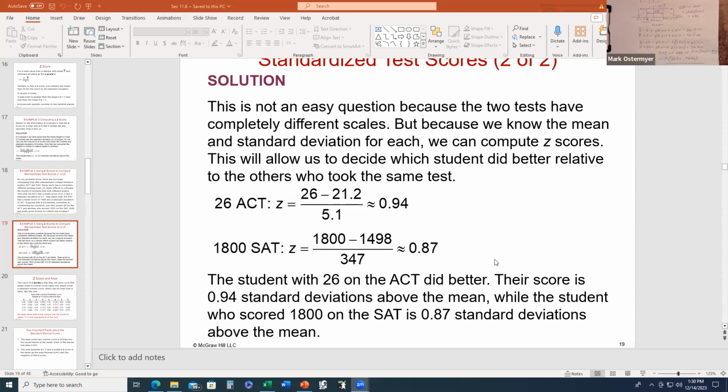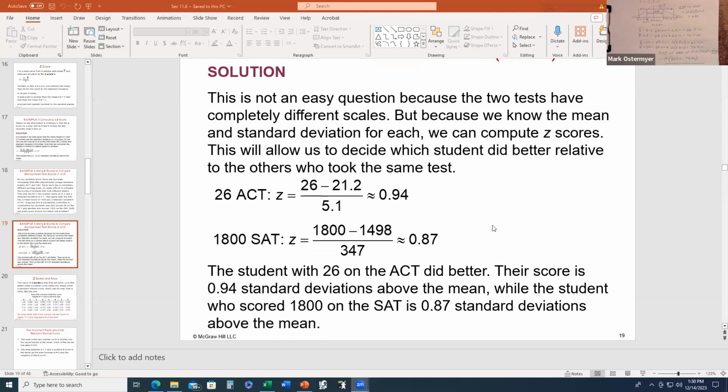This is something that the committee would want to know if they're going to award a scholarship. So you've got to level the playing field. Z-scores help us to level the playing field and compare two different scores from two different populations, or samples. So z-score is very important in that regard.